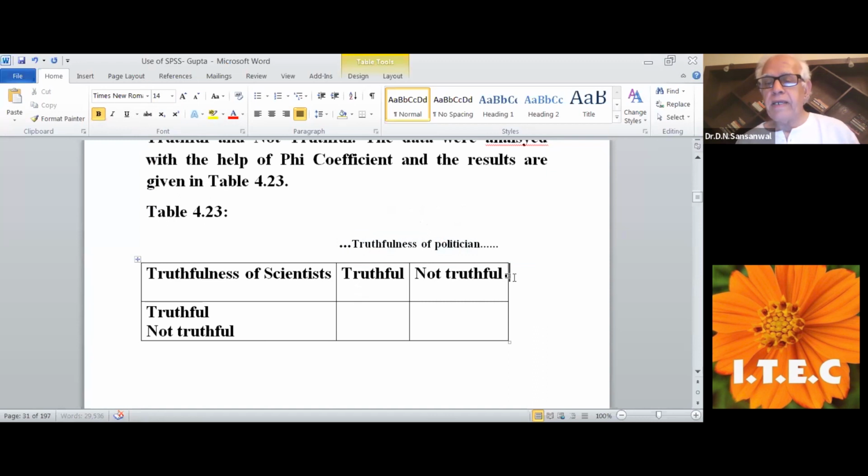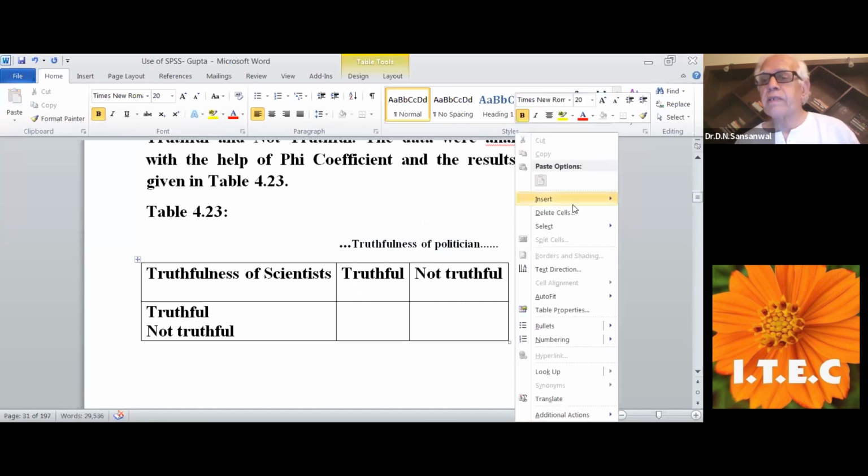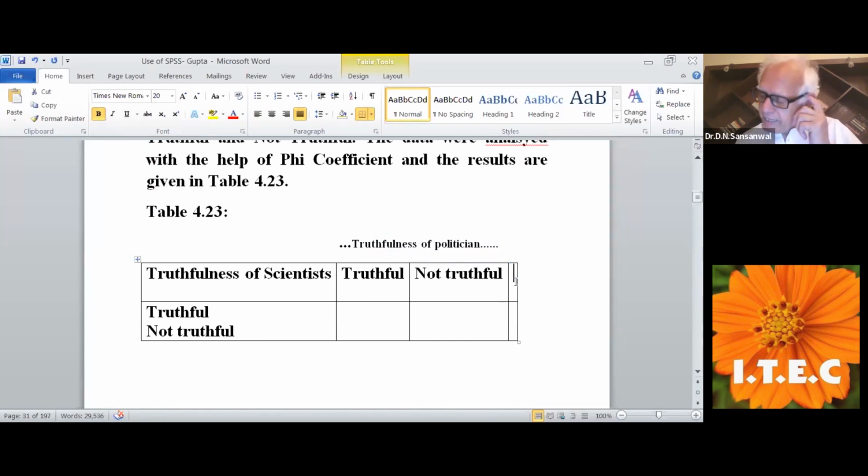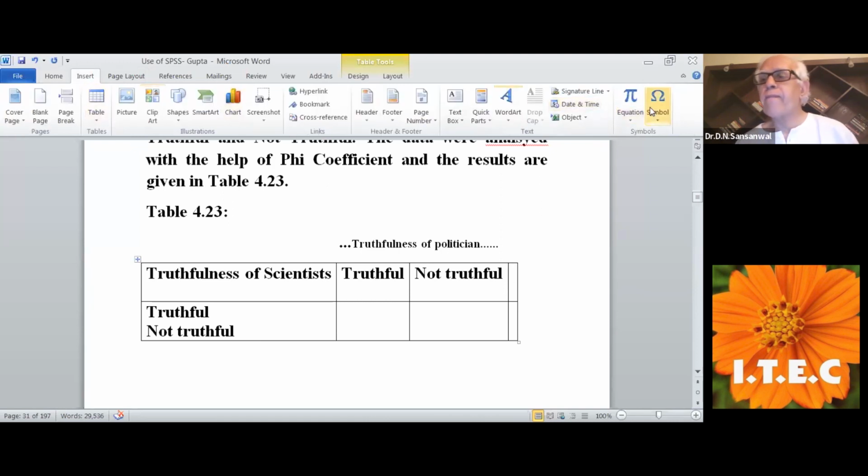And then here I am inserting one more, and that is phi coefficient. This is phi coefficient.